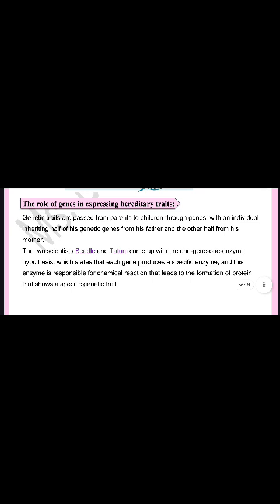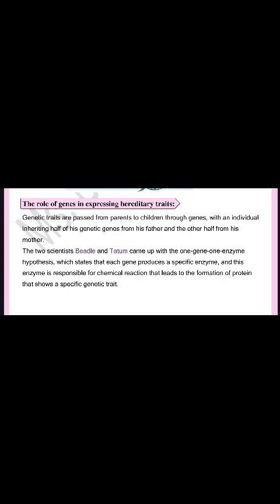Genetic traits are passed from parents to children through genes, like hair color, skin tone, and so on, with an individual inheriting half of this genetic trait from the father and the other half from the mother.